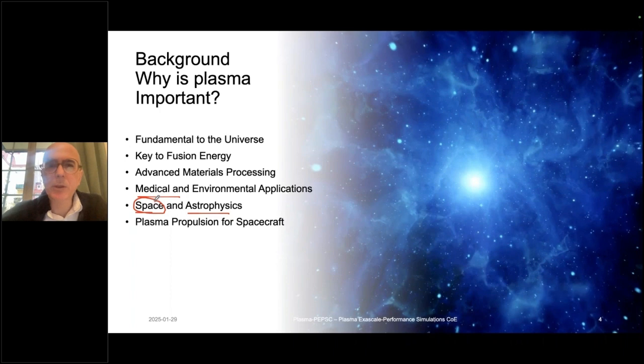You need to have predictive capabilities of what is the plasma behavior in space, what is the connection with the sun. And a lot of plasma propulsion technologies is actually based on using plasma. The plasma is ejected by a plasma thruster, so that we can navigate through space.